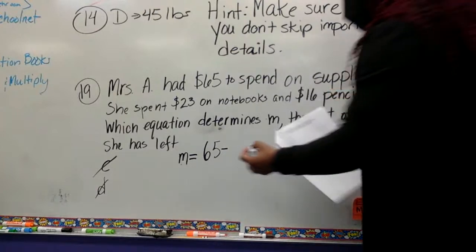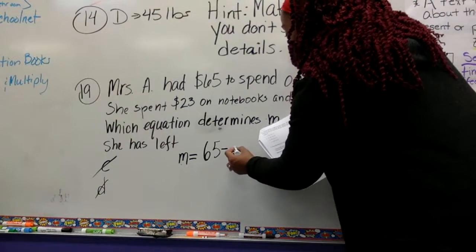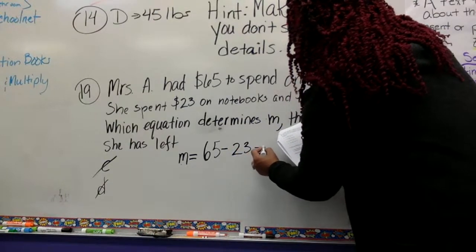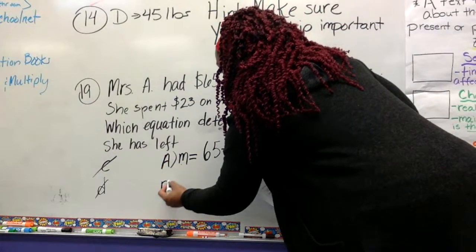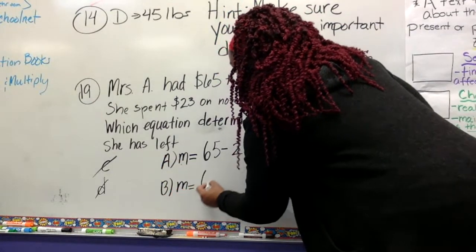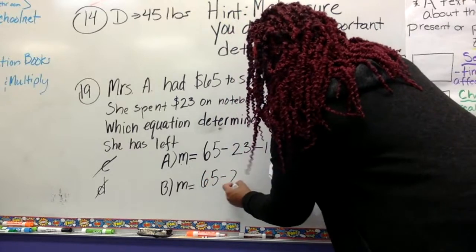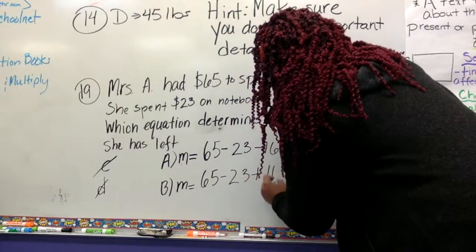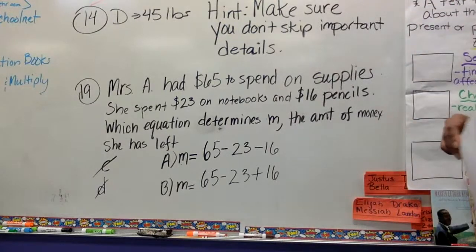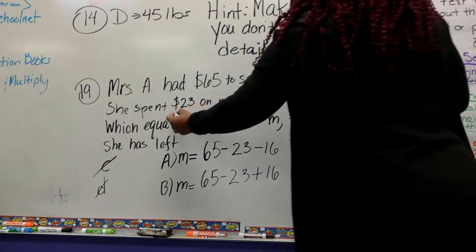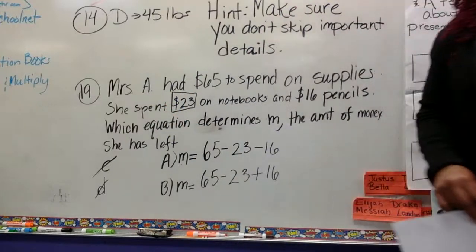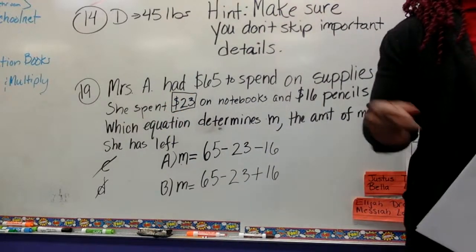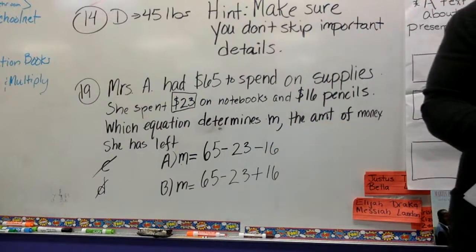In choice A, it says 65 minus 23 minus 16. And choice B says M equals 65 minus 23 plus 16. Well, we already know what we're going to do with the 23. What operation are we going to have to do with 65 and 23, Thomas?